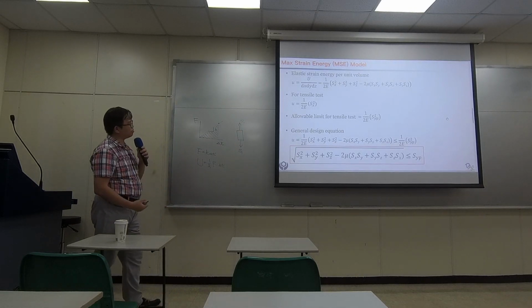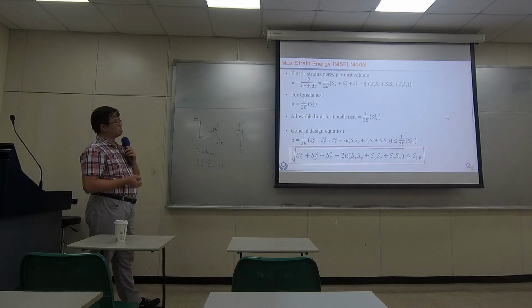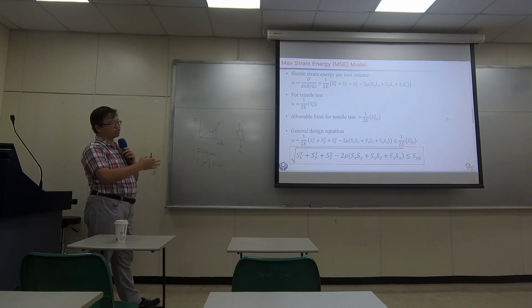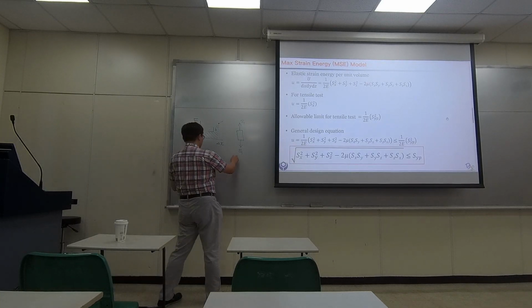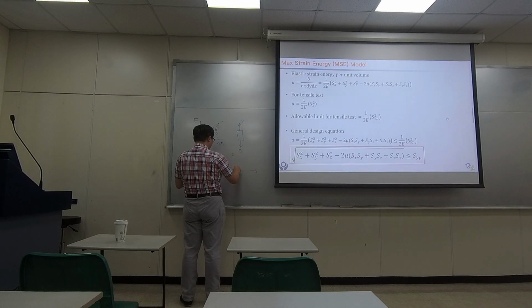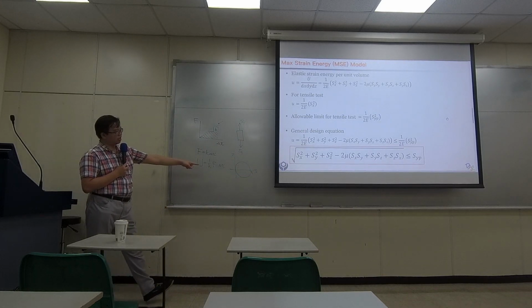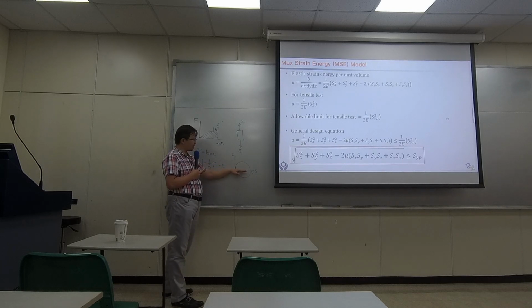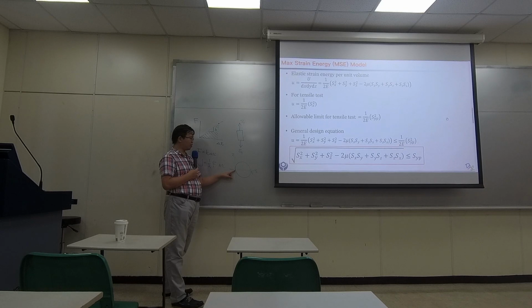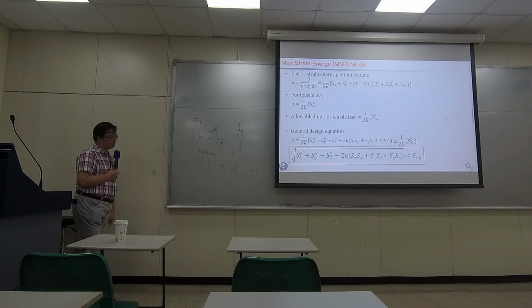You are pulling a material with a principal stress along one direction. There are no stresses along other directions. And if you draw the Mohr circle, like I said in the past, it's like this. The Mohr circle is a circle that lies on the stress coordinate and is tangent, passing through the origin of the stress, shear stress diagram.